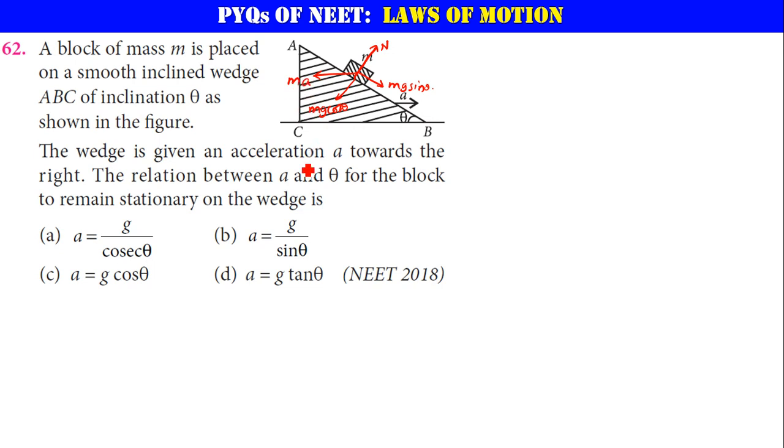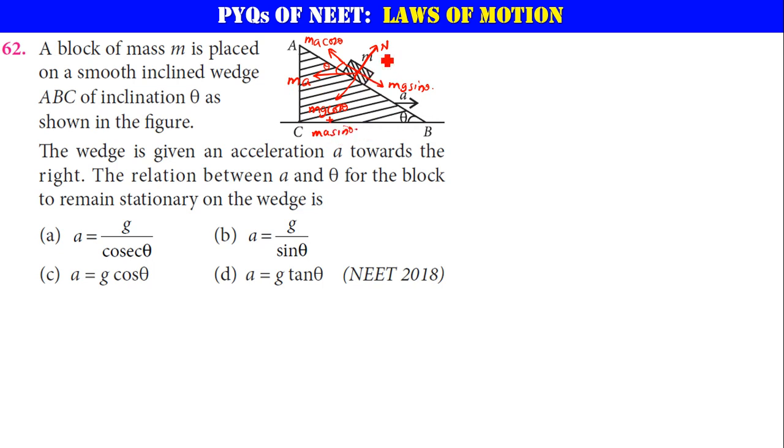This ma will also have two components. If this angle is theta, this will also be theta. So this component along the incline will be ma cos theta, and the other component will be along the direction of mg cos theta, so let me add ma sin theta here.